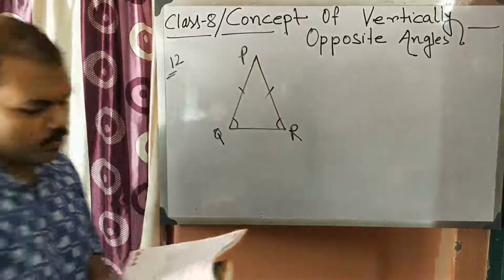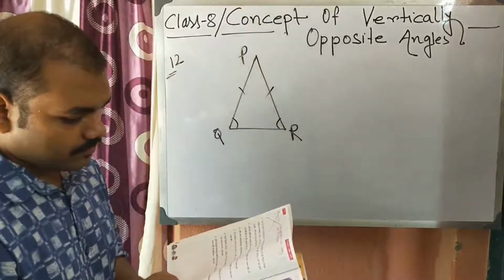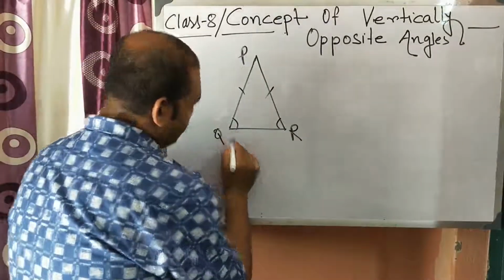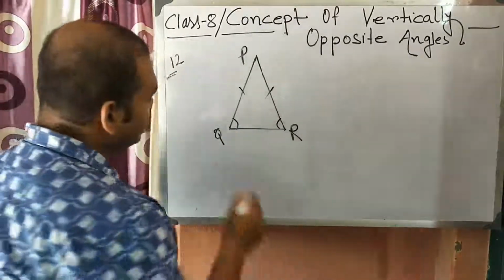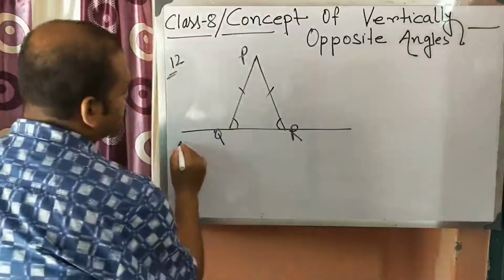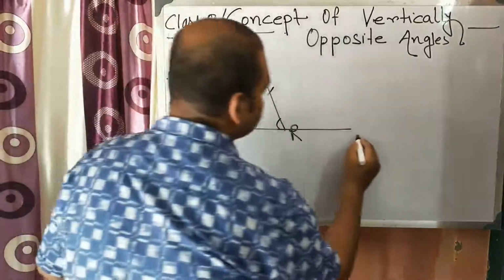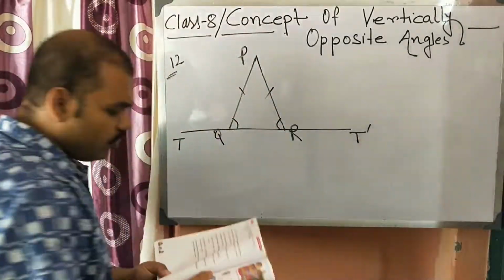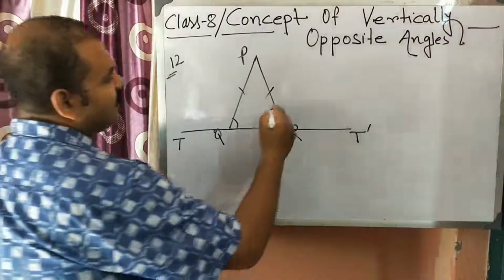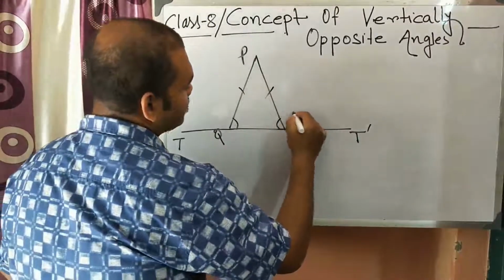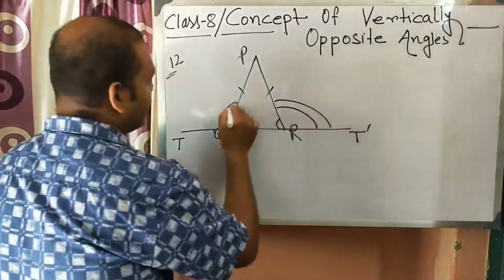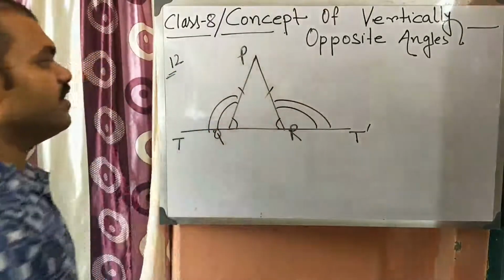Next, what we need to prove? If we extend QR on both sides, suppose this is T and this is T prime, the two external angles thus formed are equal. So this angle and this angle are the same. We need to prove that.